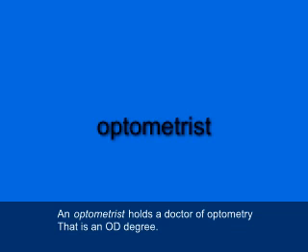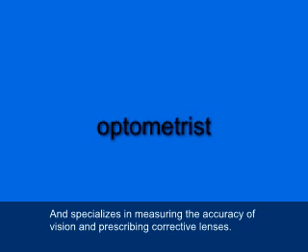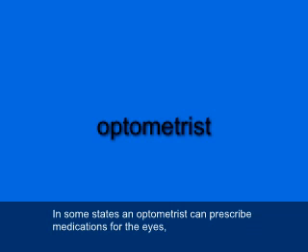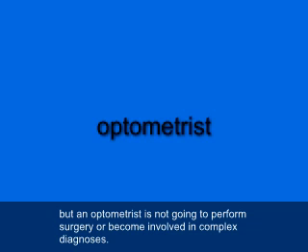An optometrist, OPTOMETRIST, holds a Doctor of Optometry, that's an OD degree, and specializes in measuring the accuracy of vision and prescribing corrective lenses. In some states, an optometrist can prescribe medications for the eyes, but an optometrist is not going to perform surgery or become involved in complex diagnoses.